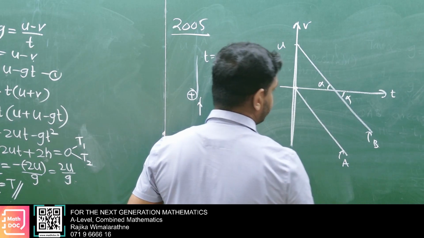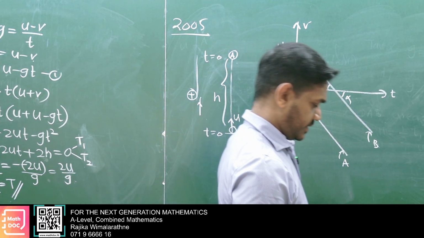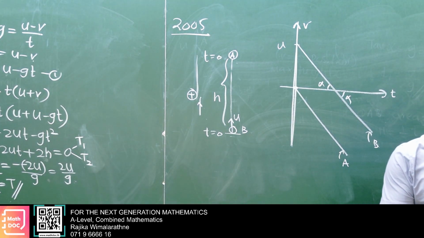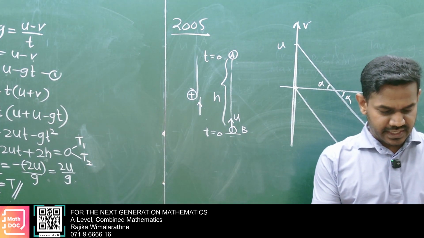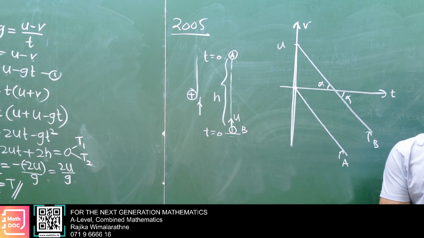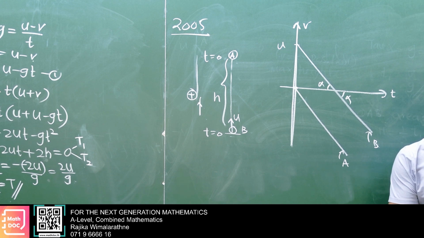Here A. That's it. Now, a particle A is dropped from rest at height simple h above the ground at t equals 0, falling vertically down under gravity. At the same instant, another particle B is projected vertically upward from a point on the ground with velocity u. Draw the Vt graph. Now it is done.